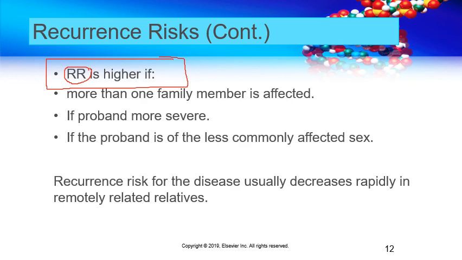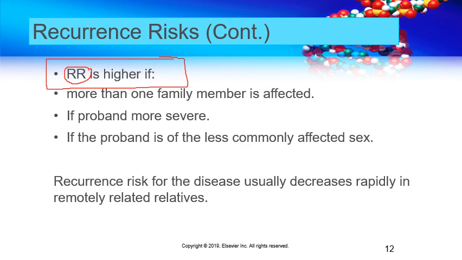So if you have siblings, your grandparents, your parents, if they all have this certain disease, then your recurrence risk is higher. Now, if the proband is more severe, the proband being one of the parents that has the disease. Also, if the proband is one of the less commonly affected sex.